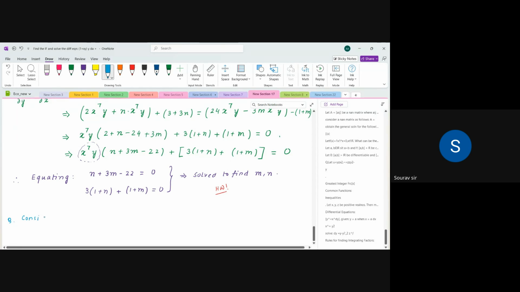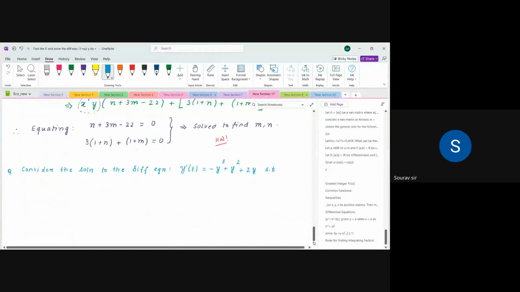Consider the solution to the differential equation y dash of t is equal to minus of y cube plus y square plus 2y subject to y of 0 is equal to y naught, where y naught belongs to 0 to 2.